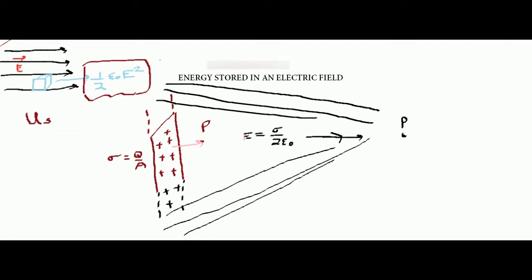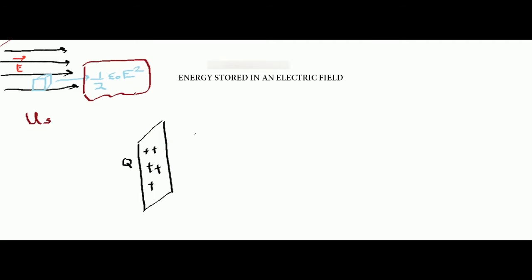Now, this is a system of infinite sheet, but we can use this formula even for a finite sheet of charge. For example, consider a finite sheet of charge q. Then the electric field due to this sheet will be E equals sigma by 2 epsilon naught.